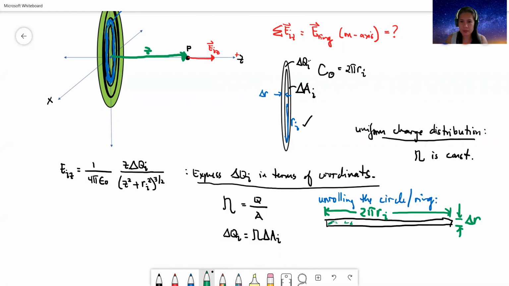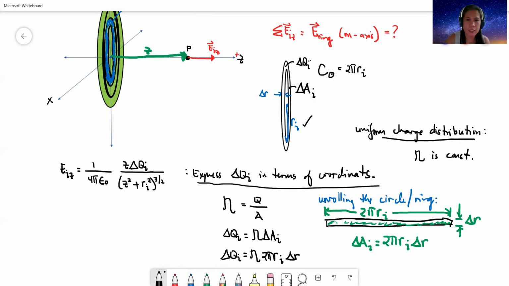So the area of this small strip is, of course, just a portion of the entire area, delta A sub I. The length is 2 pi r sub I, and the width is delta r. So we'll substitute it here for A, such that delta q sub I will be substituted with eta times 2 pi r sub I delta r.